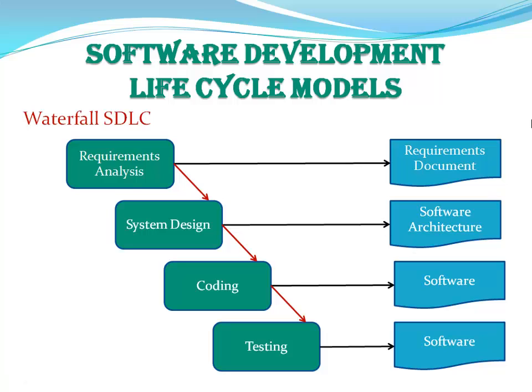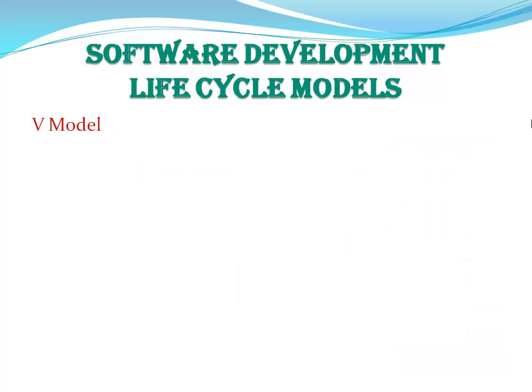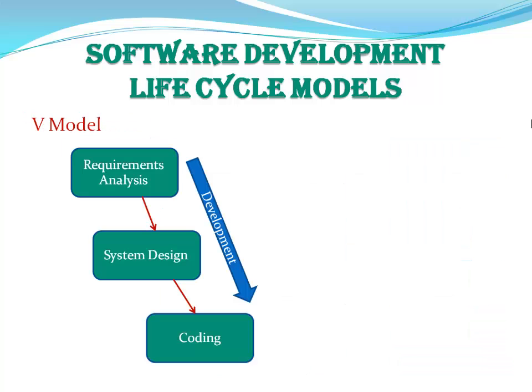So now let us look at the V model. The V model is an extension of the waterfall SDLC. It gives some more details than the waterfall SDLC. In the V model, it is important to remember that the activities of the software development process are from left to right.